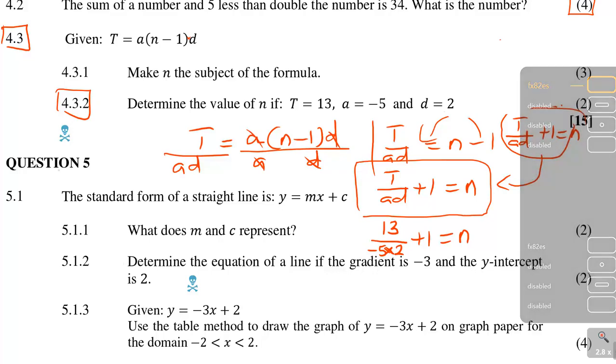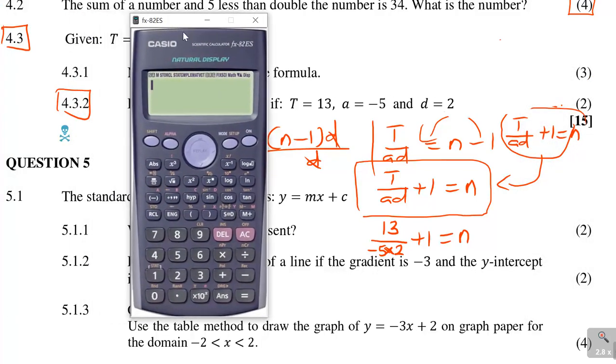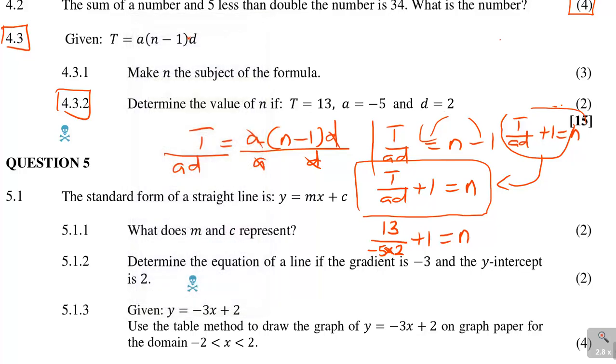Simplifying that, what you'll have is 13 over minus 5 times 2 and then plus 1. See that? And then it gives you minus 10 over 3, which is equal to minus, it was minus 3 over 10 actually.